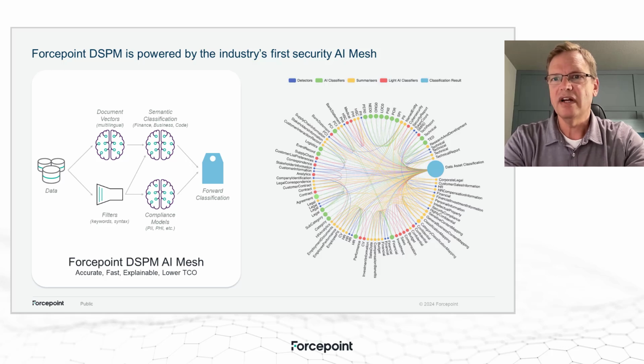So if I unveil the AI mesh a little bit, we'll talk about things like miniature language models. These transform unstructured text into salient document vectors with 10 to 30 million parameters, and they effectively capture context of the documents. We're using deep neural network classifiers, and these perform sentiment analysis using document vectors.